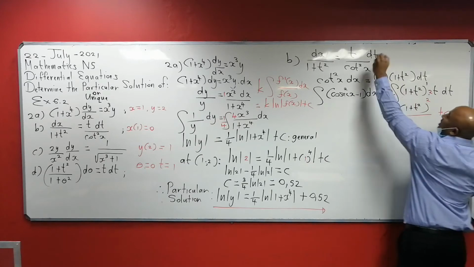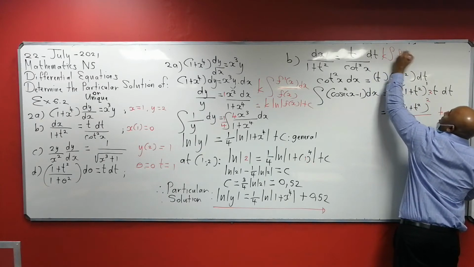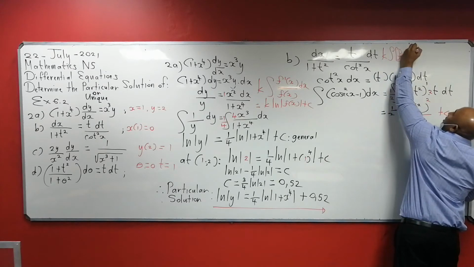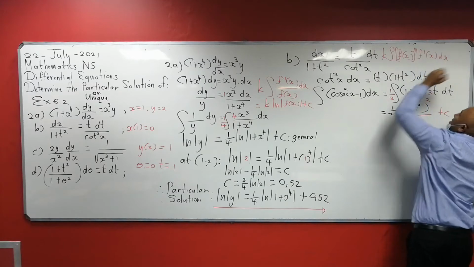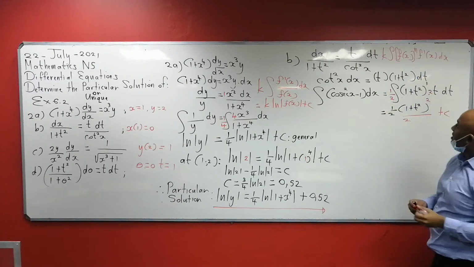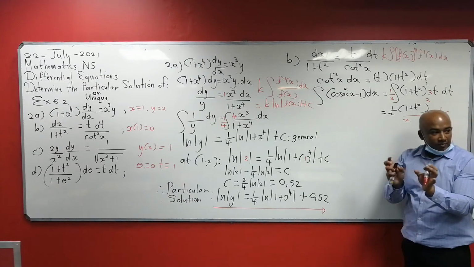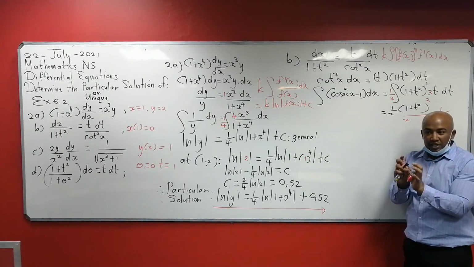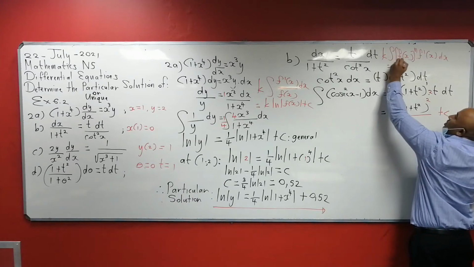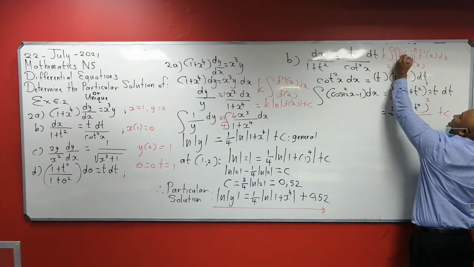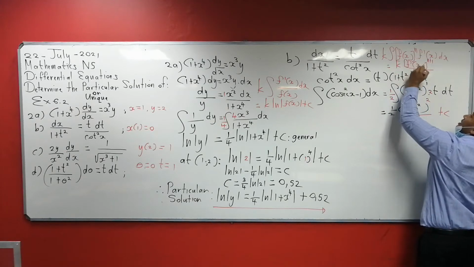So what did I do here? I went k f of x to the power n multiplied by f prime x dx. I'm just using x, you're used to x. This is the standard form we are dealing with, the type multiplication, exact derivative here. So this is equal to k f of x to the power n plus 1 all divided by n plus 1.